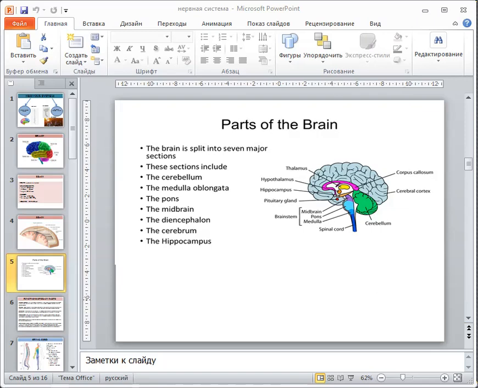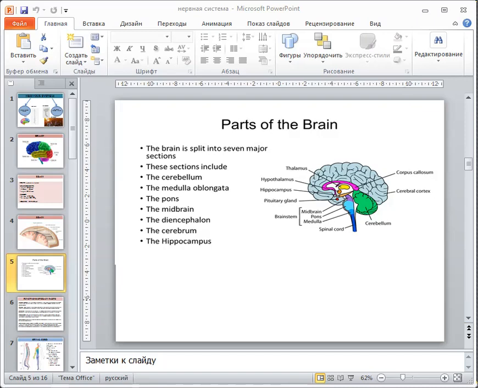Now the large cerebral hemispheres. They include the hemisphere lobes, cortex, basal ganglia, and lateral ventricles. The cerebral hemispheres are separated by the longitudinal fissure. There is the corpus callosum in the longitudinal fissure. The callosum connects the cerebral hemispheres with each other.